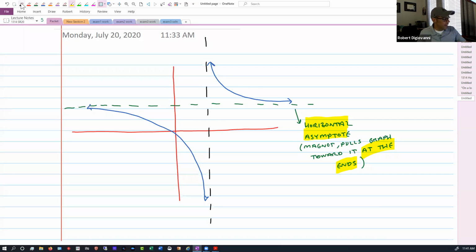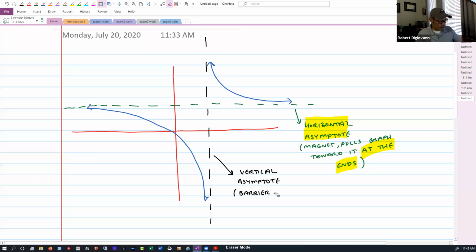Now, does anyone have a guess as to what we call this vertical line that's like a wall? Vertical asymptote. Okay, so we have a vertical asymptote. Now, a vertical asymptote is like a barrier. You can't cross a vertical asymptote. You're not allowed to.